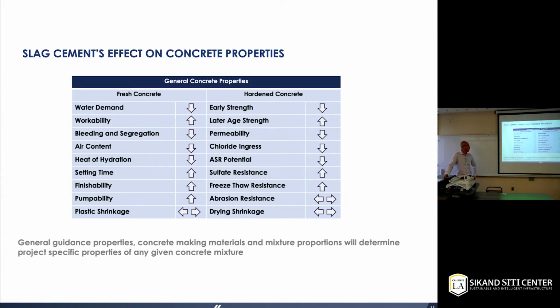Here's another small example of how slag is going to change your concrete properties, in both fresh and hardened concrete. One thing I have to mention is it does reduce the hydration heat, so you can use up to even an 80% replacement rate in your concrete mix when you pour a large amount of concrete.